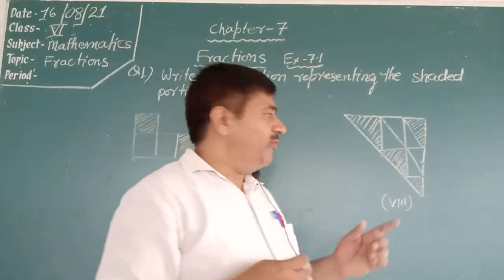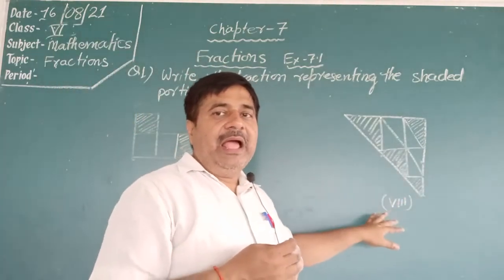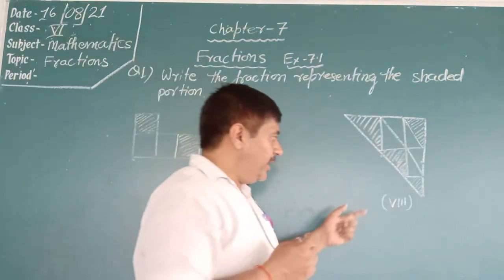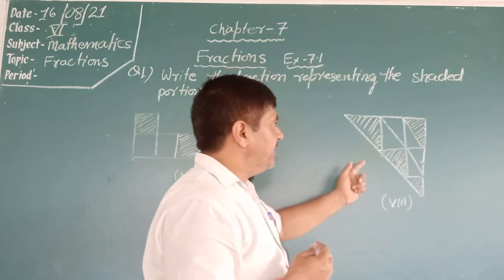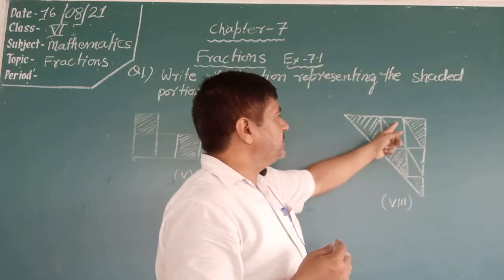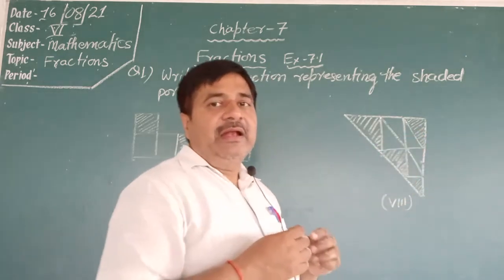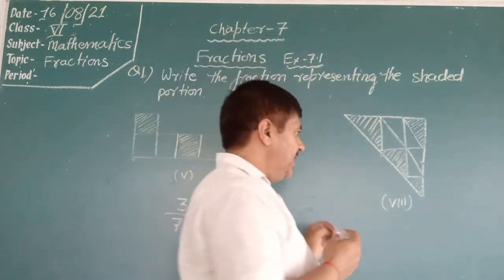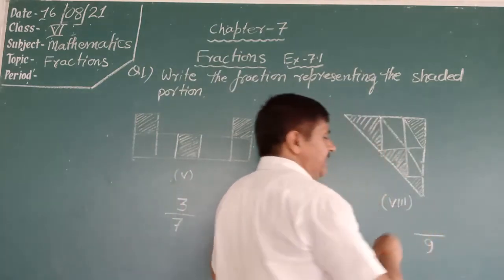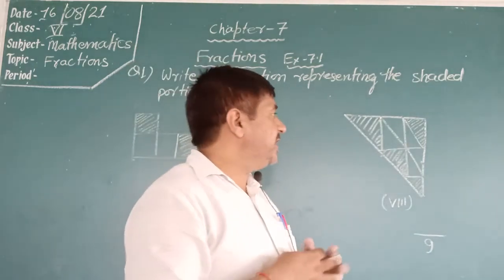One more example I solved here, and the remaining parts you solve yourself. Okay, now in the eighth figure is given 1, 2, 3, 4, 5, 6, 7, 8 and 9. A total of 9 parts is given, and 9 you write in the denominator, and how many parts are shaded?